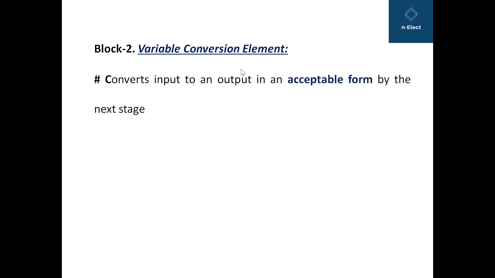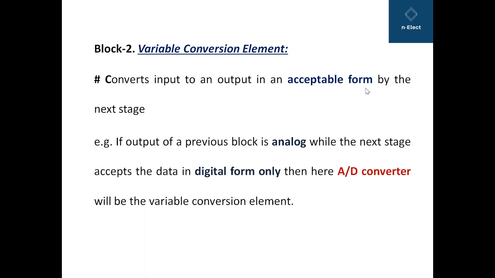The second block is the variable conversion element. It converts input to an output in a form acceptable to the next stage. For example, if the output of the previous block is analog, while the next stage accepts data in digital form only, then it is a must to convert analog into digital.